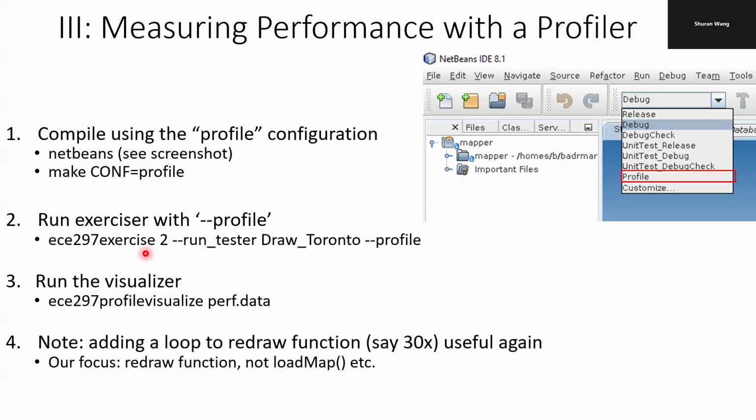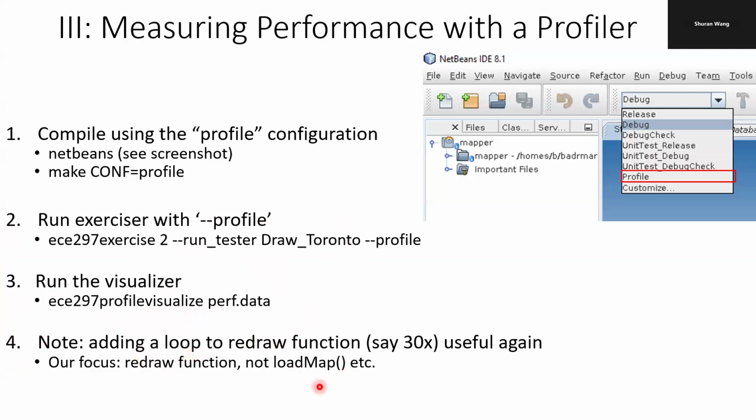This run tester draw Toronto will draw Toronto, and you can pan and zoom on the map as you want. After you stop execution, you will get a file called perf.data. So you can open ECE297 profile visualize to visualize your data.